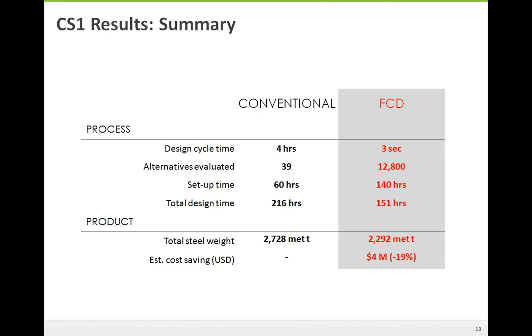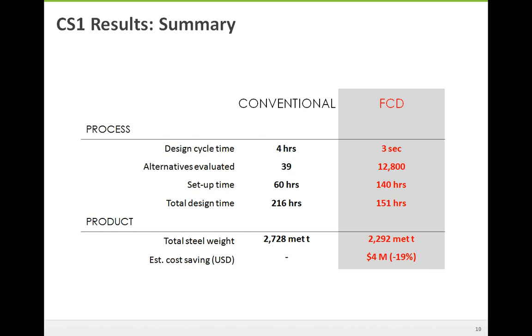So that's using the API of these softwares, or what we call wrapping the input-output files. There's a variety of techniques that we can use to bring common design or engineering tools into that integrated environment. And then you see the total design cycle time is actually less than the conventional process in this case.